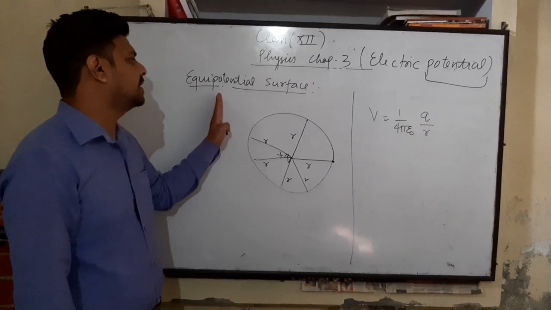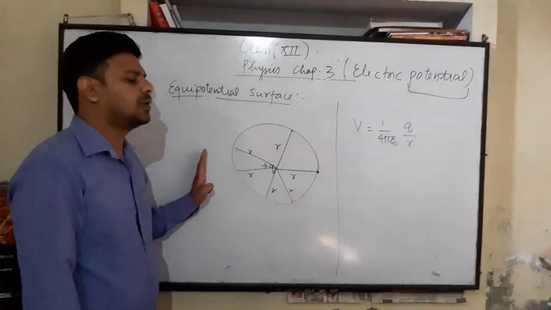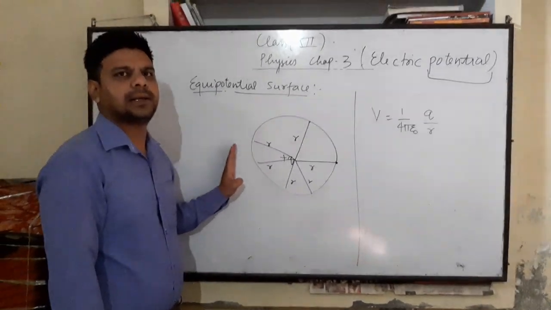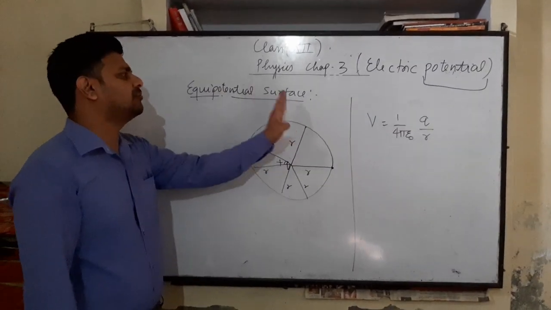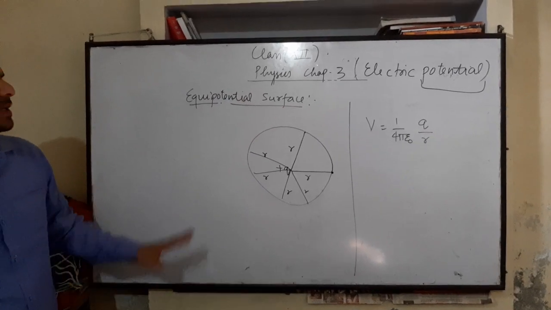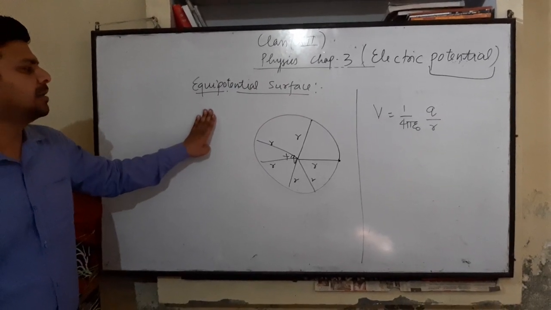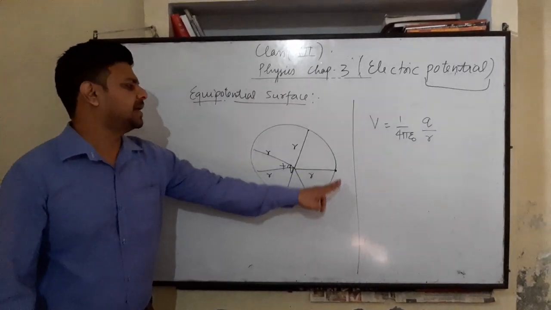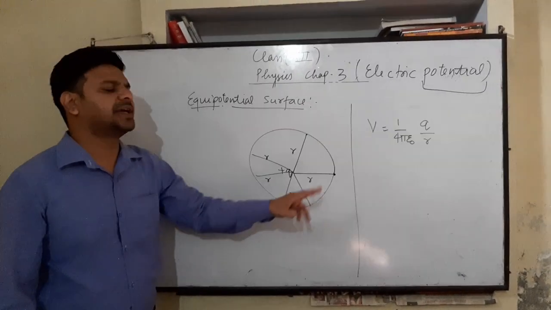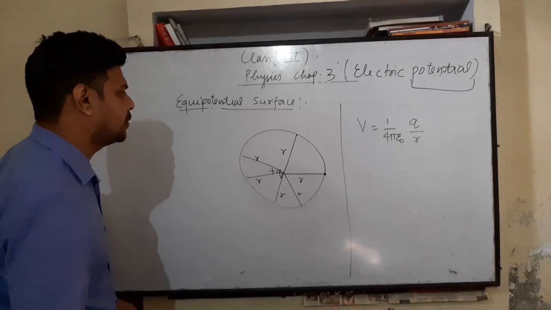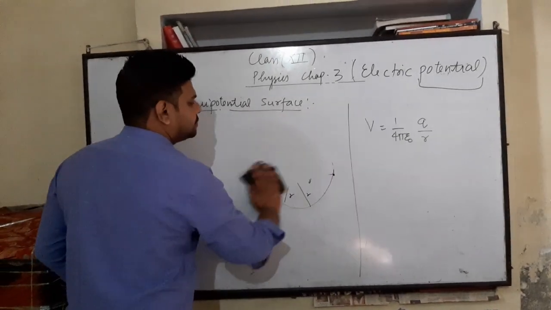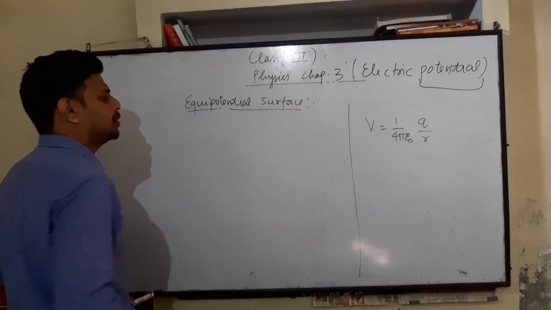So we can say the surface on which potential is the same at every point is called an equipotential surface. This is the equipotential surface.